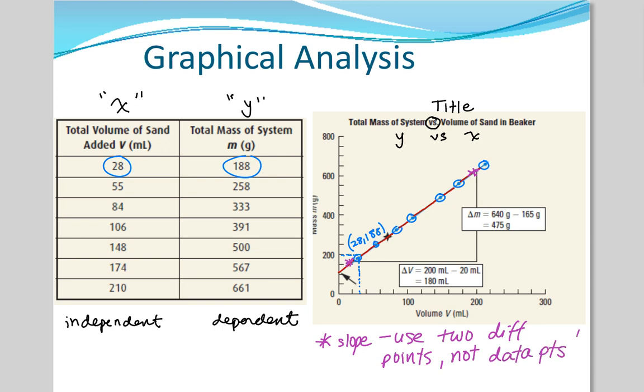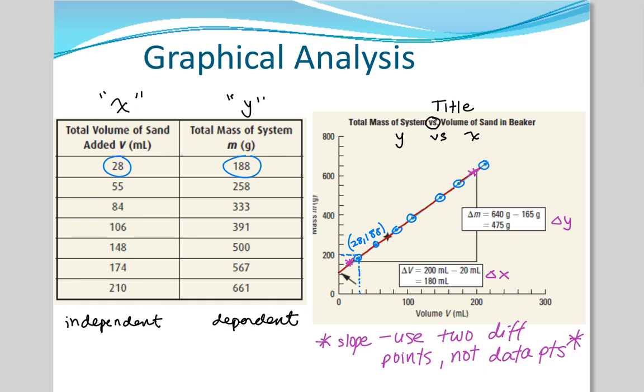Okay, so don't use data points. You have to just pick two random ones on your line, and then you find the slope of that line. You can see you have delta y. Here's delta y, and here's delta x, and you divide them.